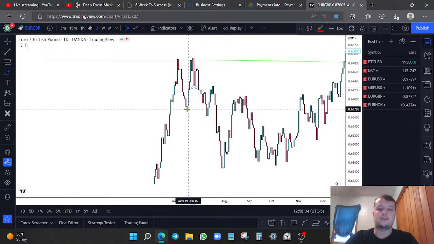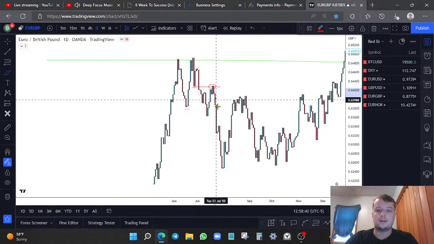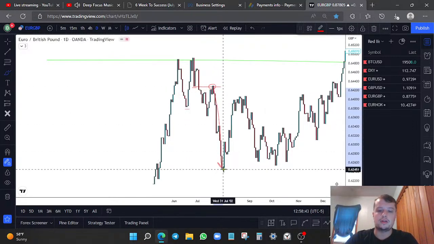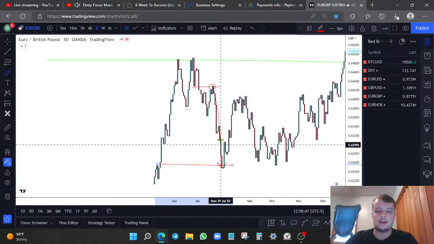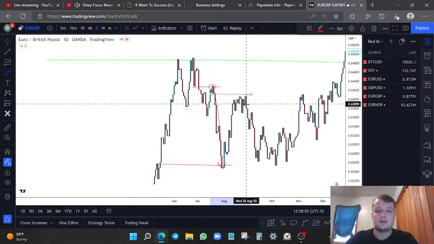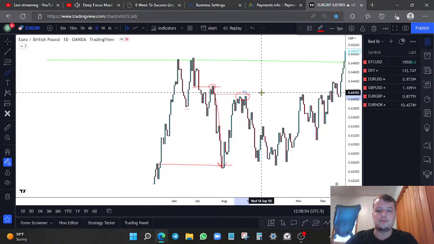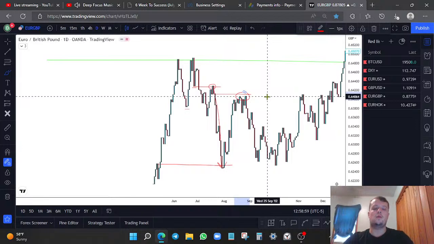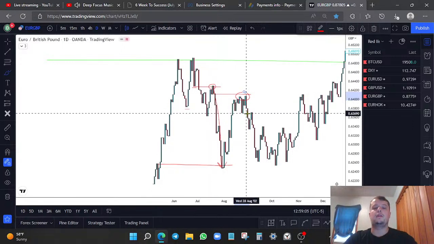But we have a break of structure here. Where does price return back to? This area right here, and it gives us a huge push to the downside, all the way back down to this demand area here. I bet you if price had wicks back in the day, this would have tapped this area here.